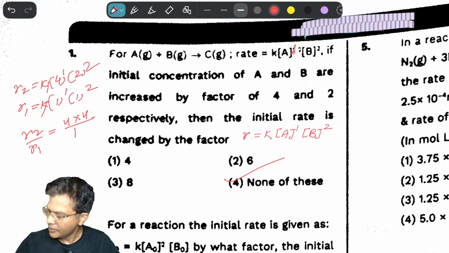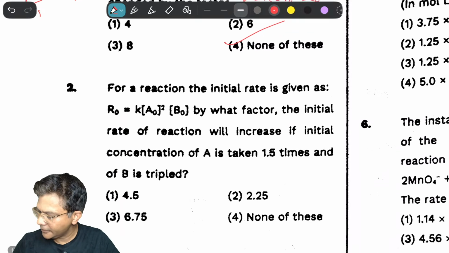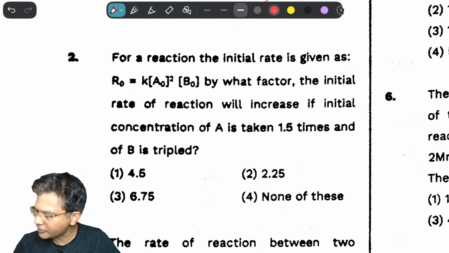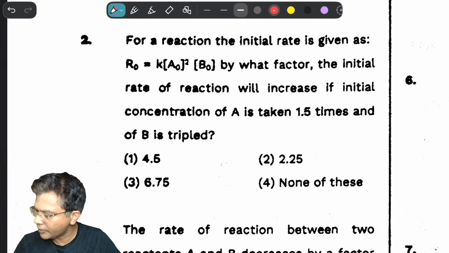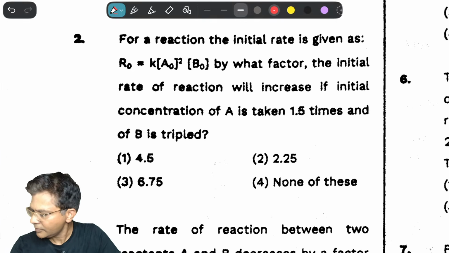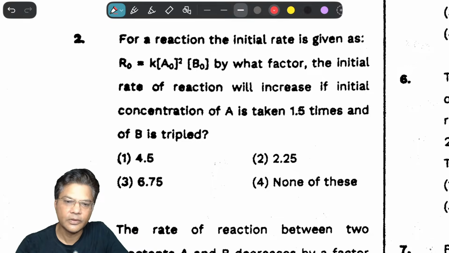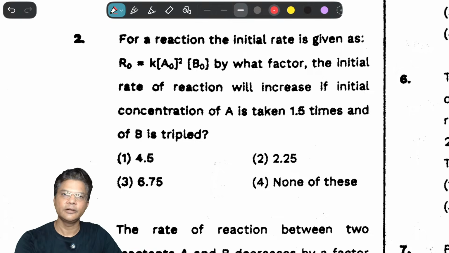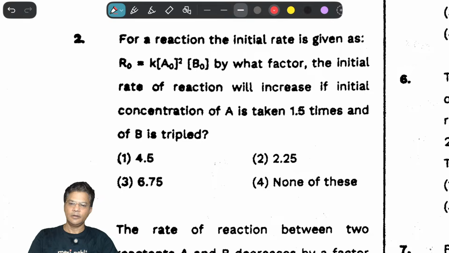Now, second question on your screen. I hope this question is clearly visible to all of you. Second question, just see to it, everyone. Try to do it and do let me know what should be the correct answer, kids.